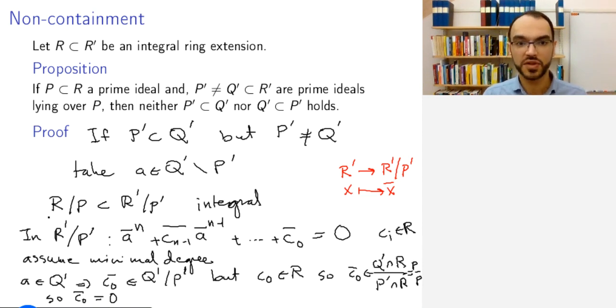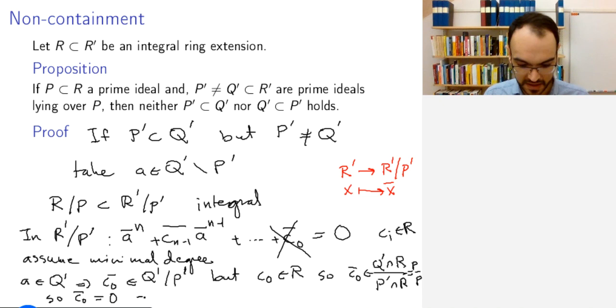So since we're modding out with a prime ideal, we are working in an integral domain, so we can factor out one element A, because now we have no constant term, and factoring this element A, we get a monic polynomial of lower degree that A satisfies.